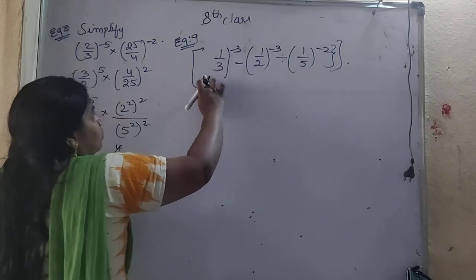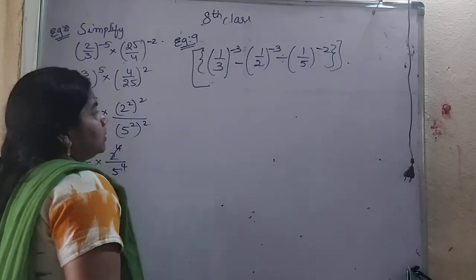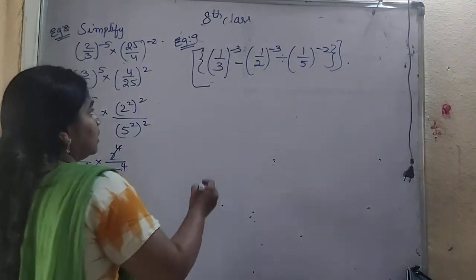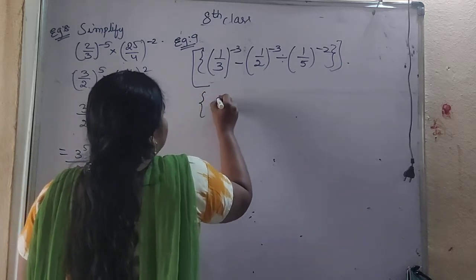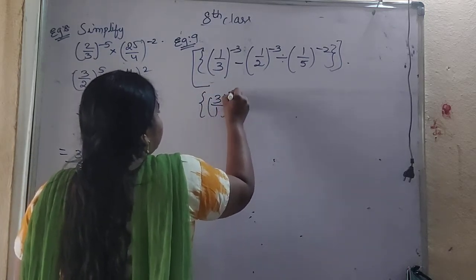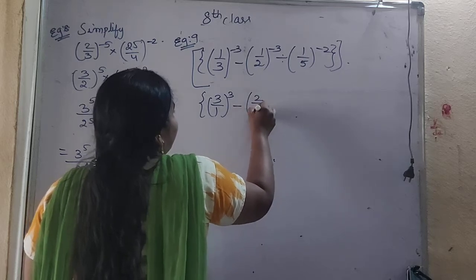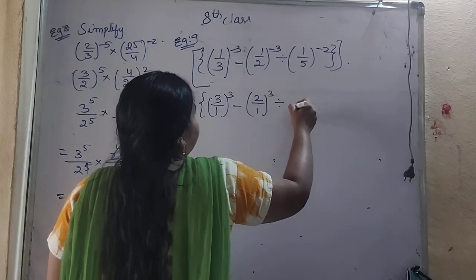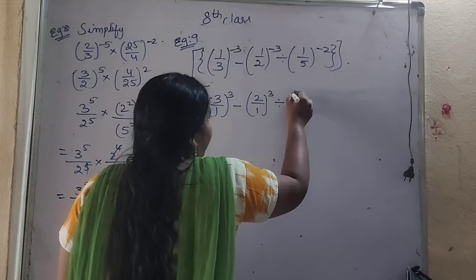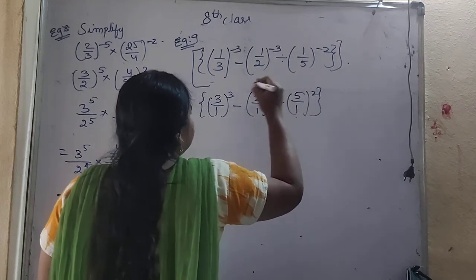Okay, so now this minus we have to convert into plus. So I am writing this as 3 by 1 whole cube minus 2 by 1 whole cube divided by 5 by 1 whole square.